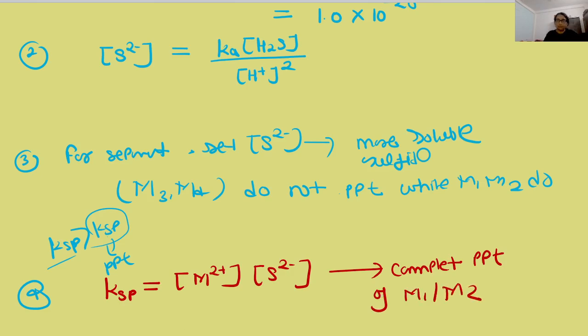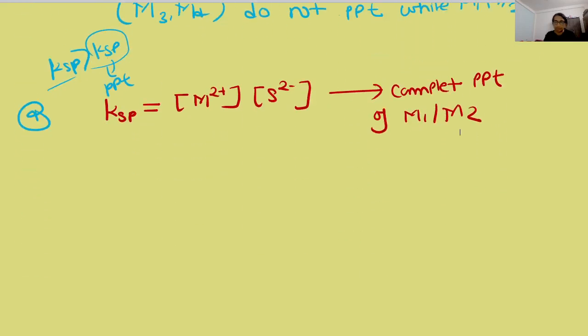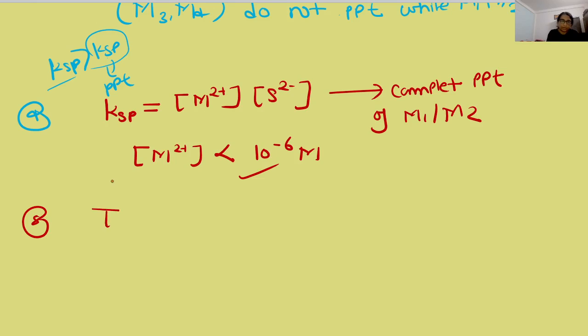As per our concept, the concentration of M2 plus is less than 10 to the power minus 6 M, as given in our question. Due to this, the concentration of the M2 plus ion is less than 10 to the power minus 6 M.